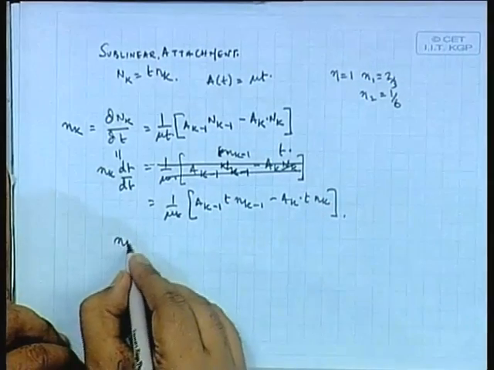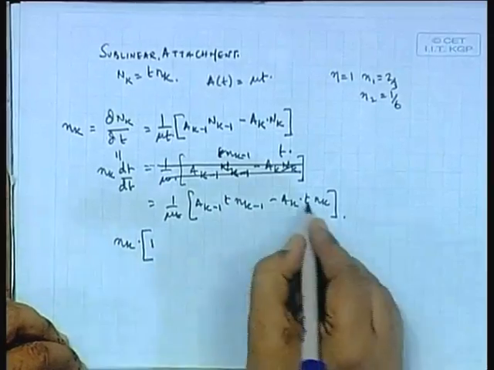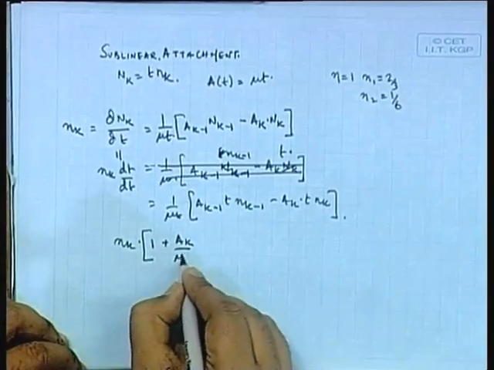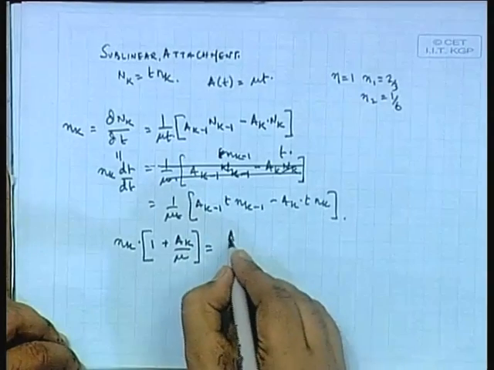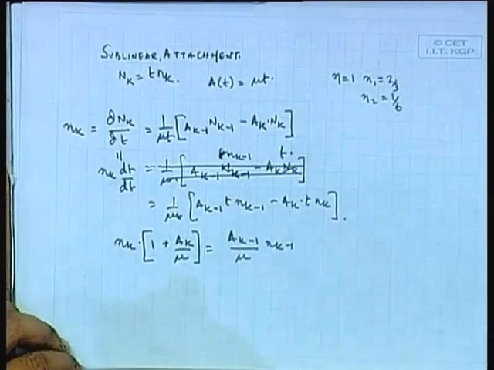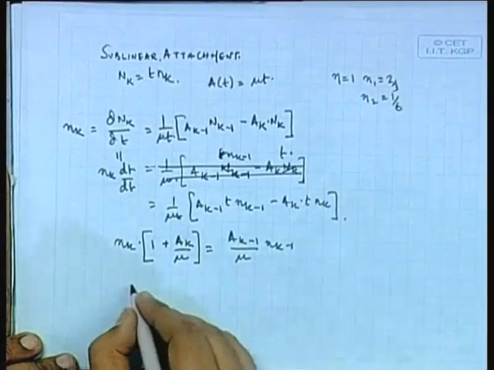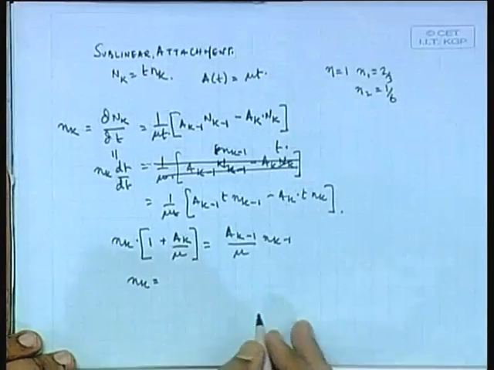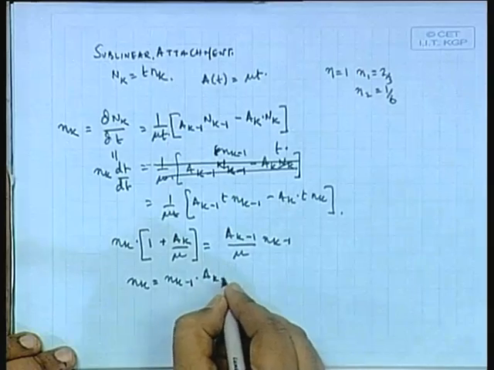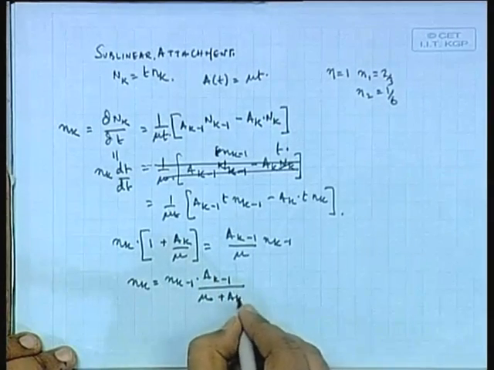And so, this becomes n_k, I will do it in one step, n_k (1 plus a_k by mu) is equal to a_{k-1} by mu n_{k-1}. And so, n_k becomes n_{k-1} a_{k-1} into mu plus a_k.